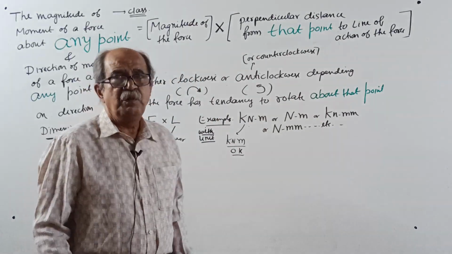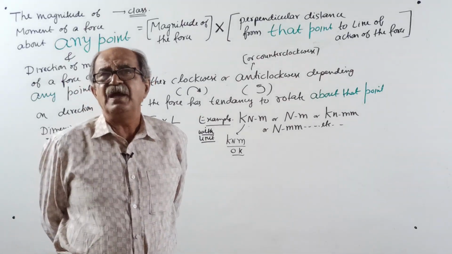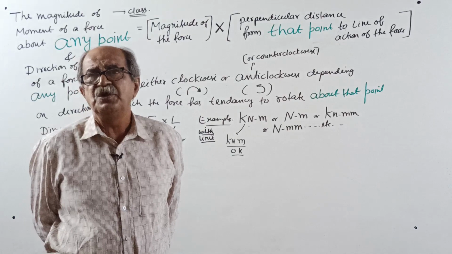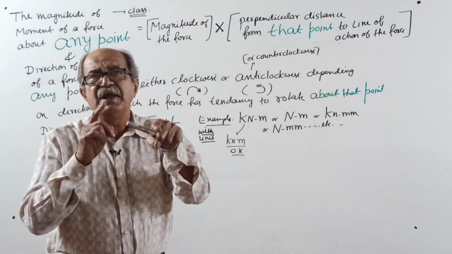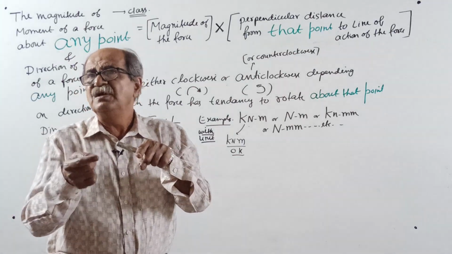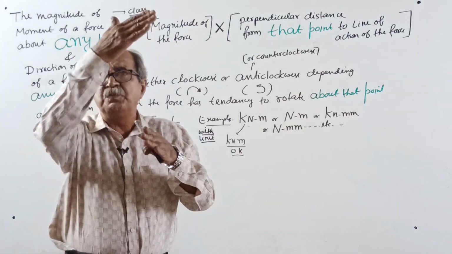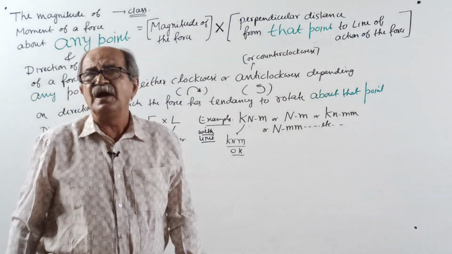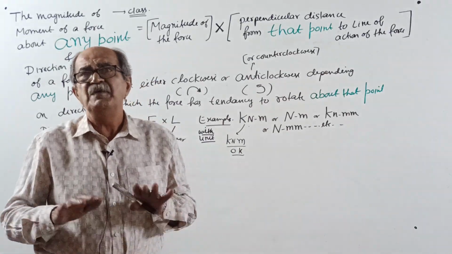So in a coplanar force system, instead of writing moment about an axis, you can say moment about any point. It is understood that it is moment about an axis passing through that point, perpendicular to the plane. This I told last time around 10 times. Today once again I told, now onwards I will not tell.